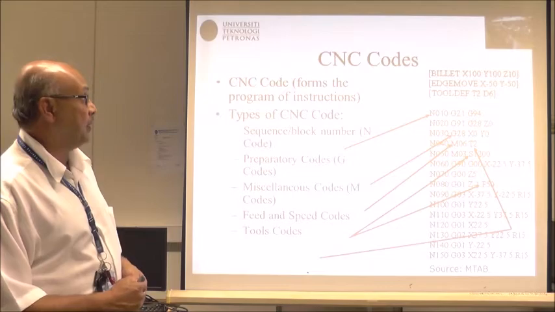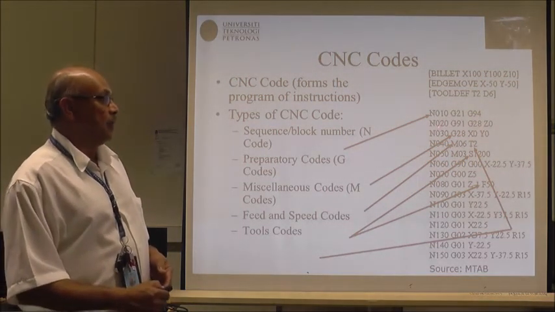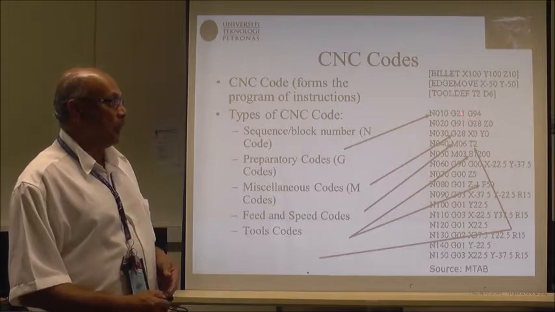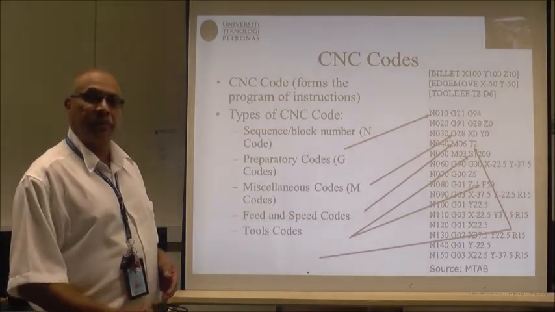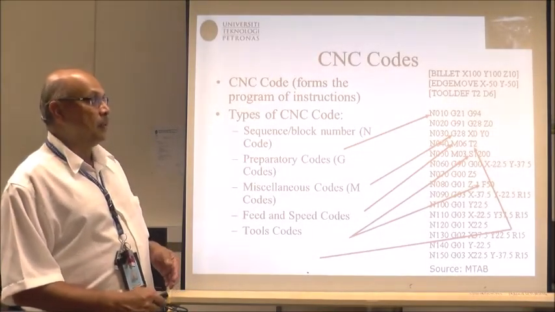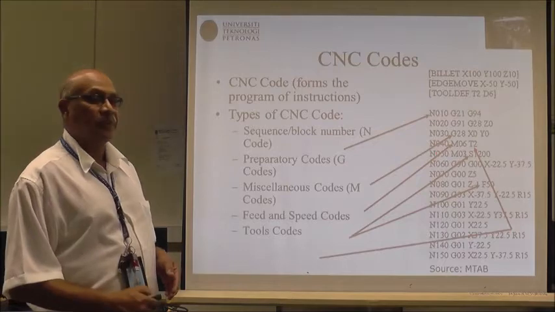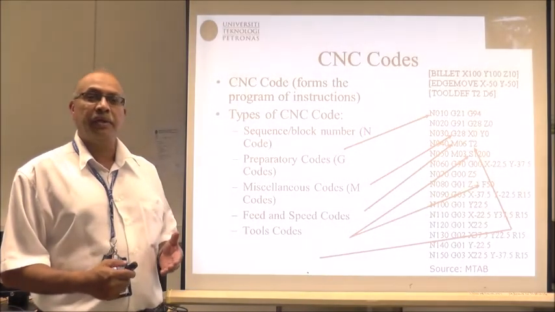So the CNC code is a form of program instruction. So it's made of G codes and M codes with some numbering for the line number. Basically, if you look at the CNC program, it's the same like you are looking at an English passage.